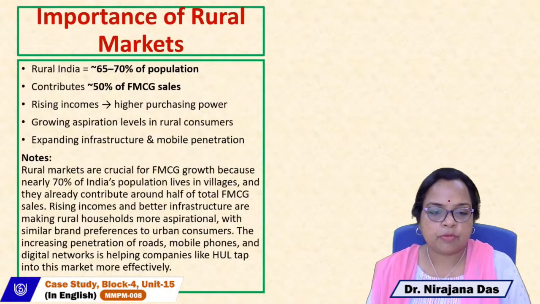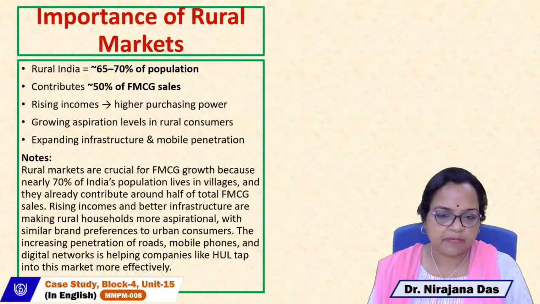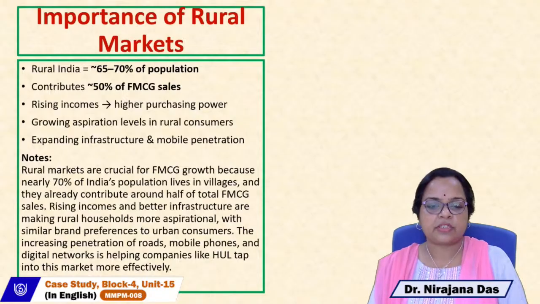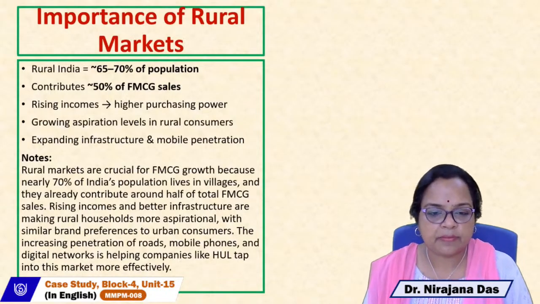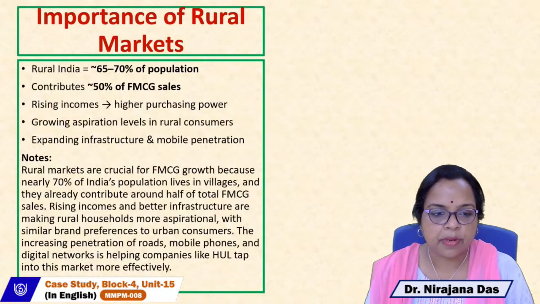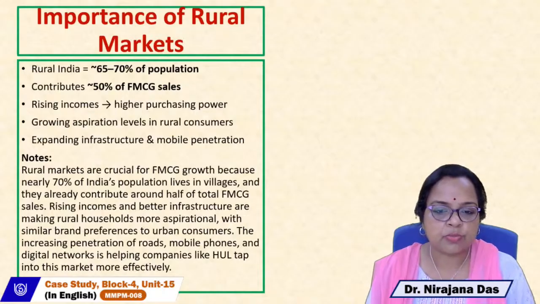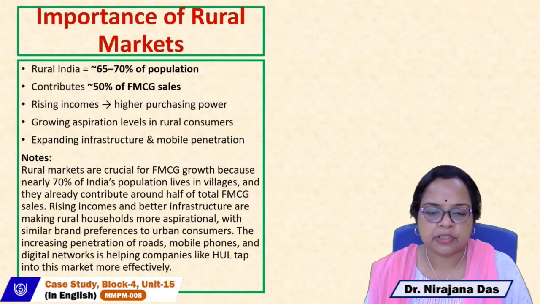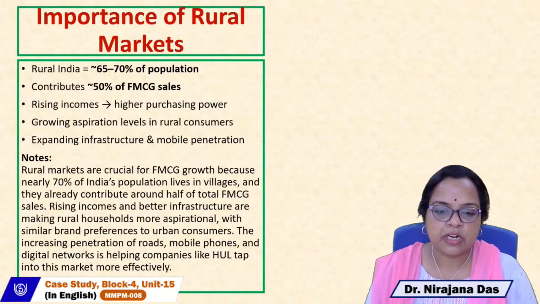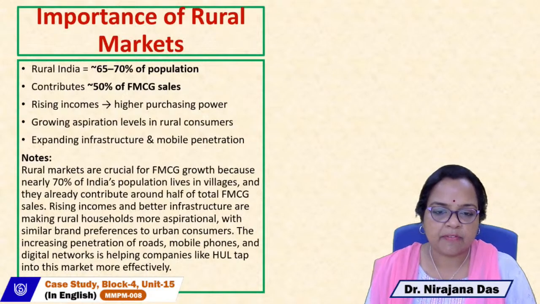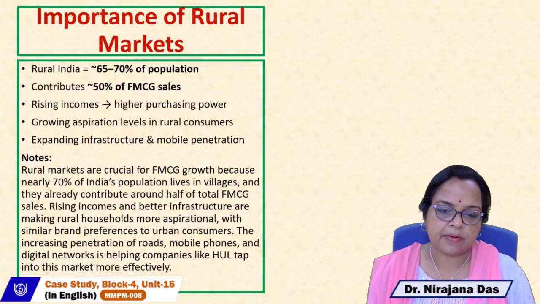Rising income, more disposable income, and better infrastructure, be it road communication or the availability of the product at the nearest shop, are making rural households more aspirational in their buying behavior, with brand preferences similar to urban consumers. That means rural and urban preferences have a narrower gap nowadays.